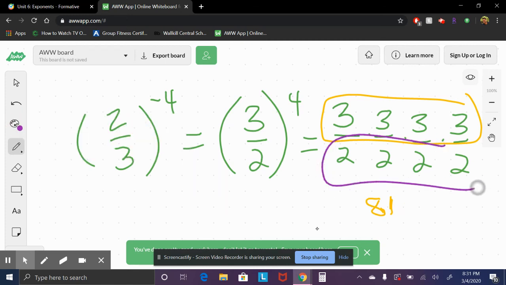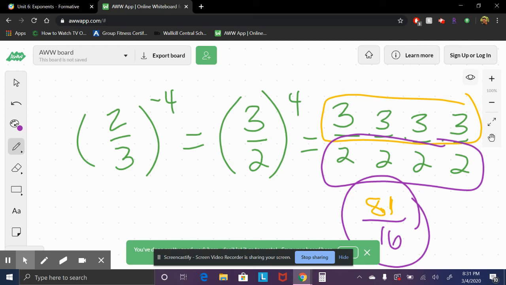Two times 2 times 2 times 2 is 16. So that is my fraction evaluated. I can't simplify that any further. 81 over 16 is fully reduced, so that's what I would type. That would be my evaluated answer.